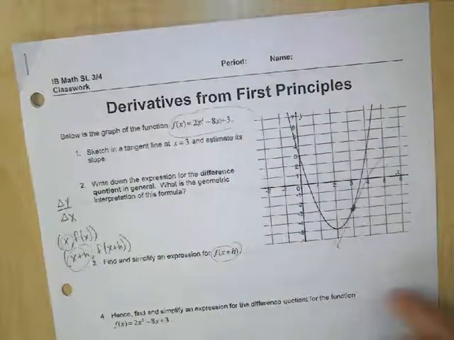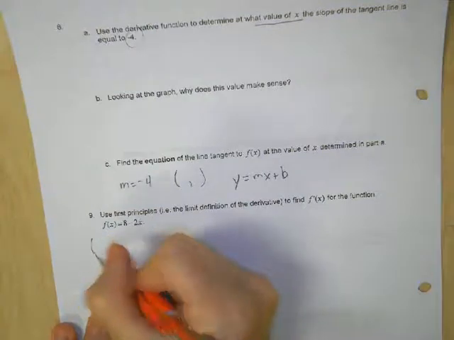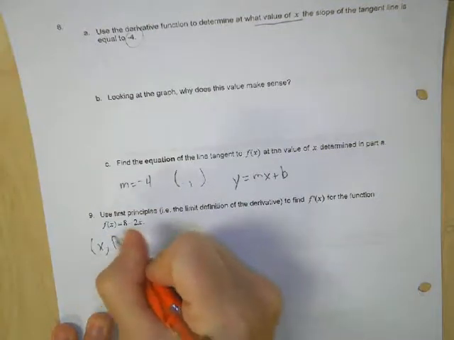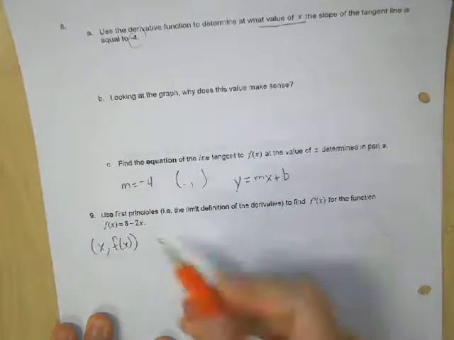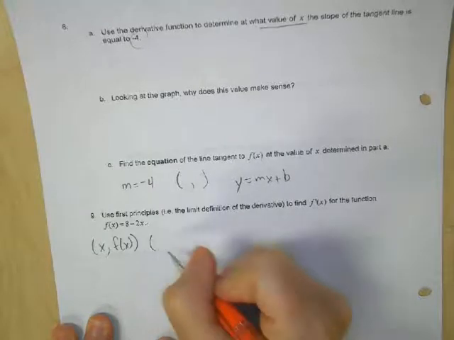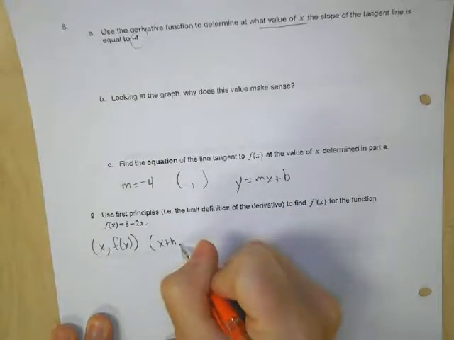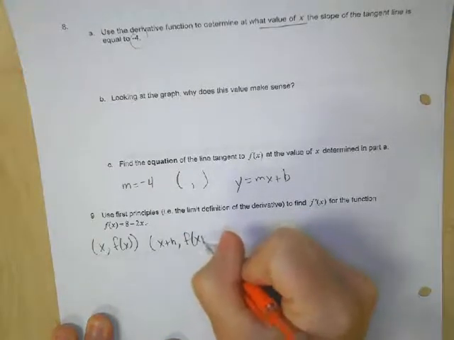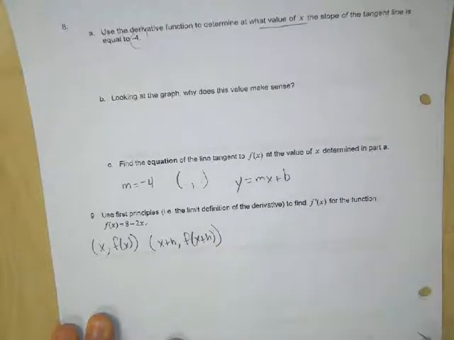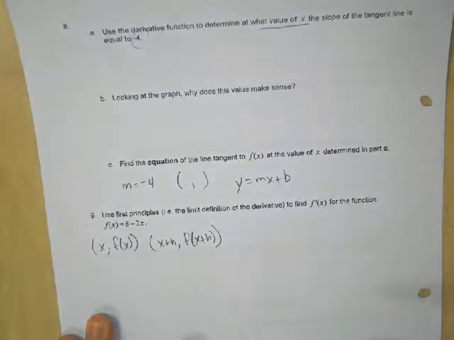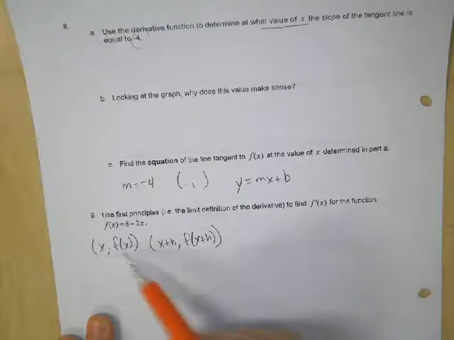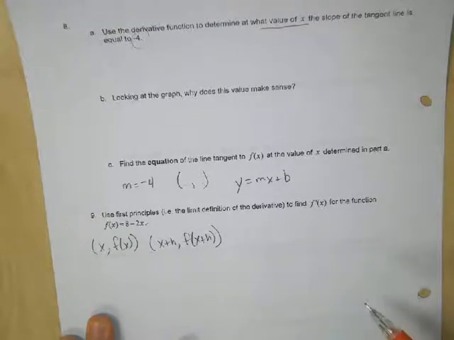So your first point is x and f of x. The other point is going to be x plus h and f of x plus h, and you're going to write that difference quotient to find the slope through these 2 points, then simplify it and find the limit as h approaches 0.